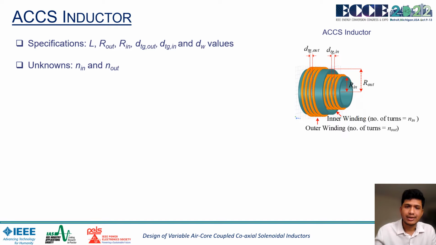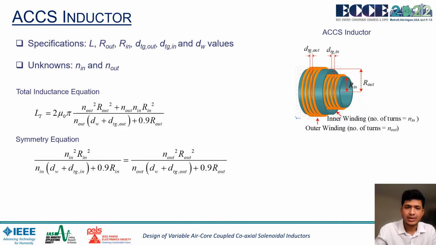For a given inductance, outer radius, inner and outer turn gaps, together with the wire diameter, the only unknowns in the ECCS design are the number of turns. In order to get the number of turns, two expressions have been derived in the paper which can be simultaneously solved.